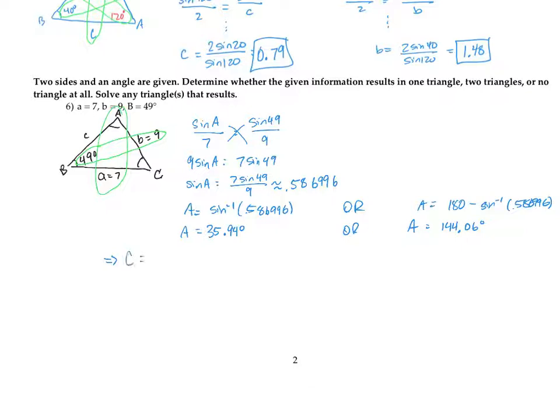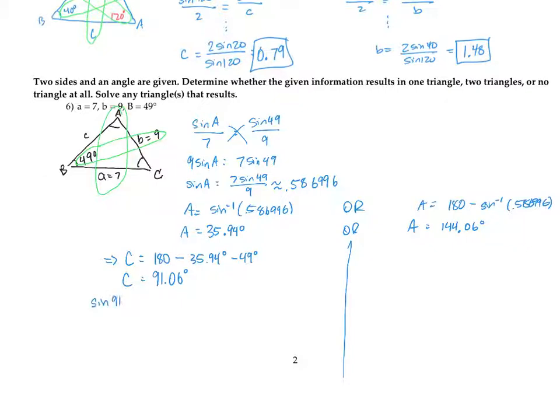Okay? So the next step would be to find angle C. Angle C will be 180 minus the 35.94 I just found, minus the 49 I already knew. So 180 minus 35.94 gives me 144.06, minus 49 gives me 95.06 degrees. Okay? So now that I know that one, I can find my c.